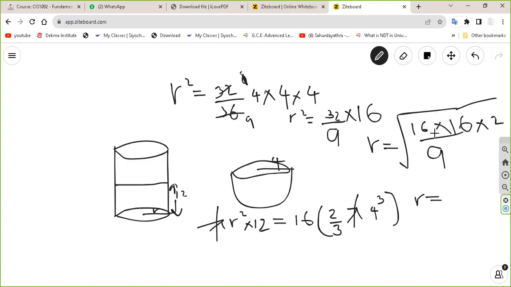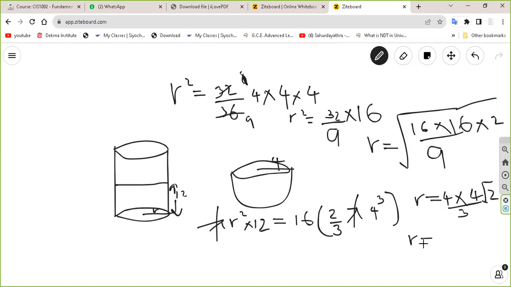The square root of 16 equals 4, and also the square root of 16 equals again 4. And the square root of 9 equals 3, with root 2.